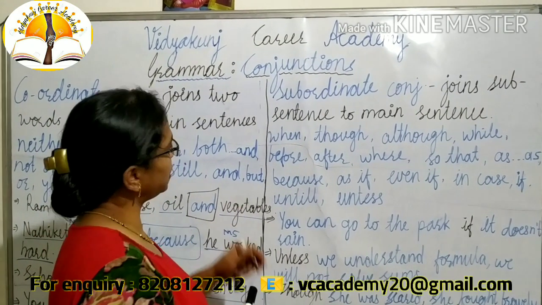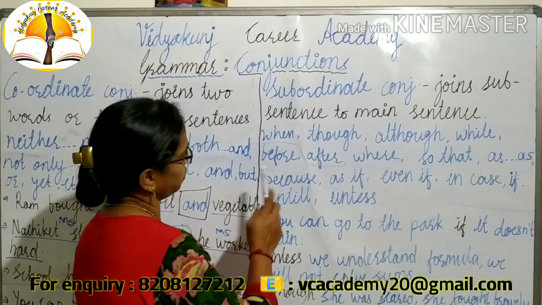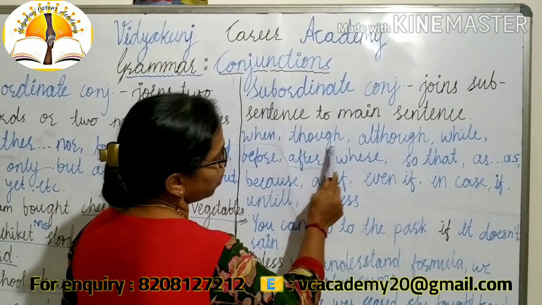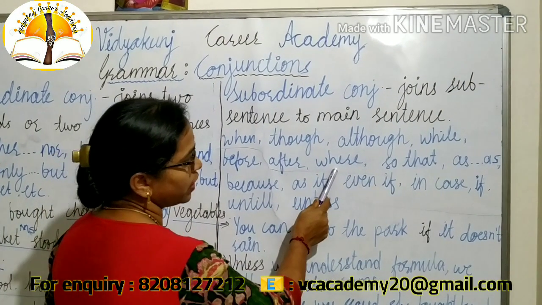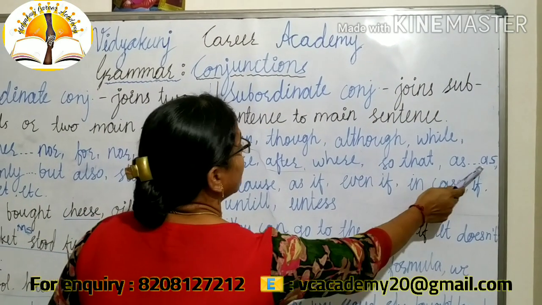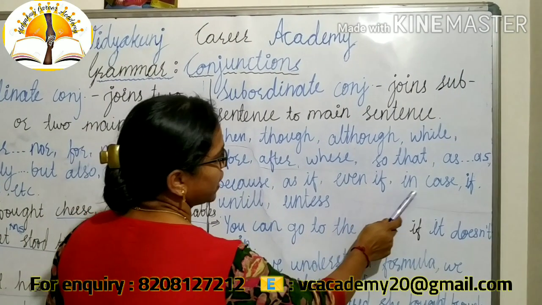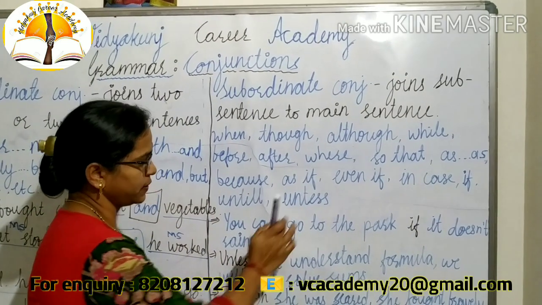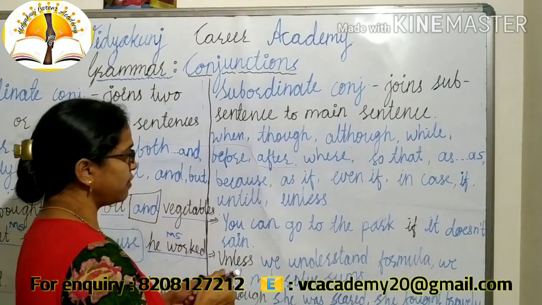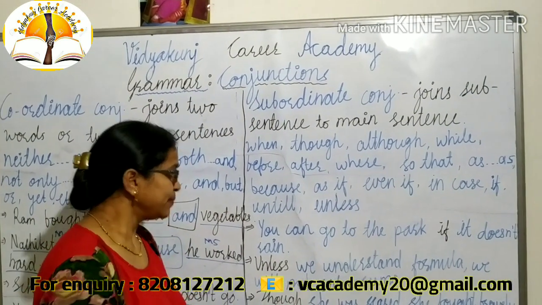I have written here subordinate conjunctions and will read them: when, though, although, while, before, after, where, so that, as, because, as if, even if, in case, if, until, unless. These are subordinate conjunctions.